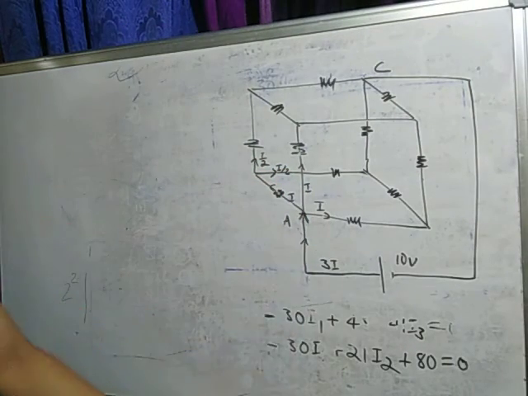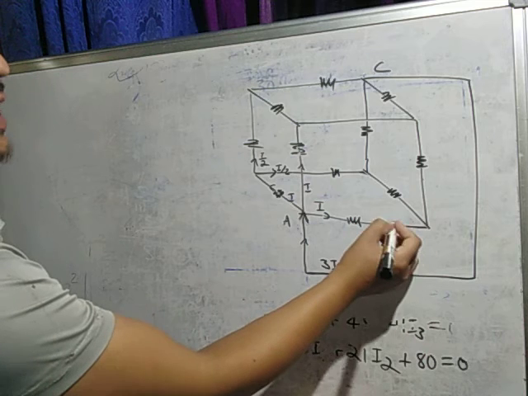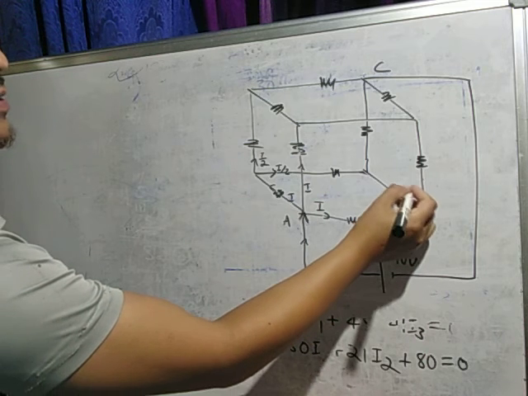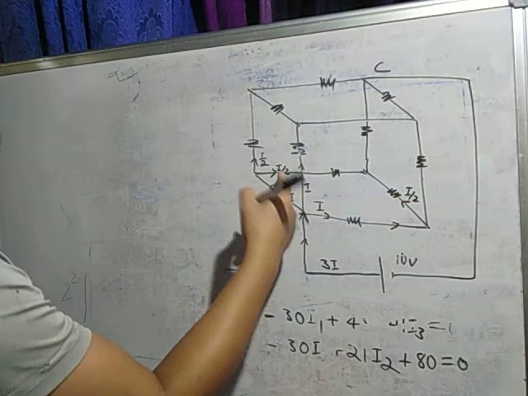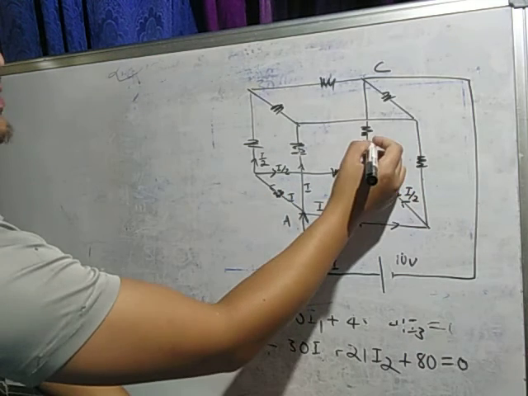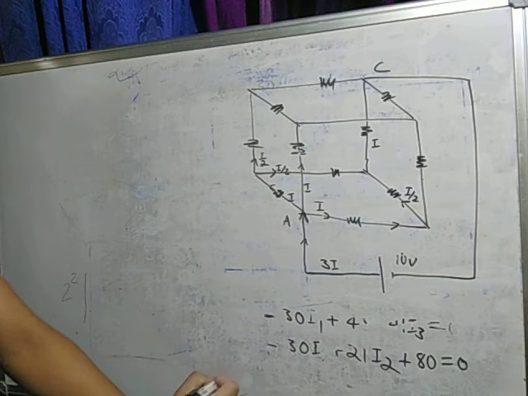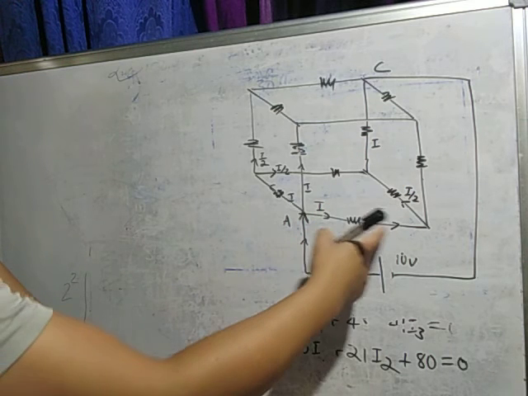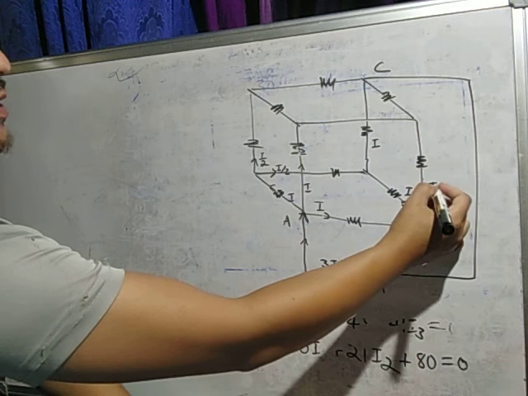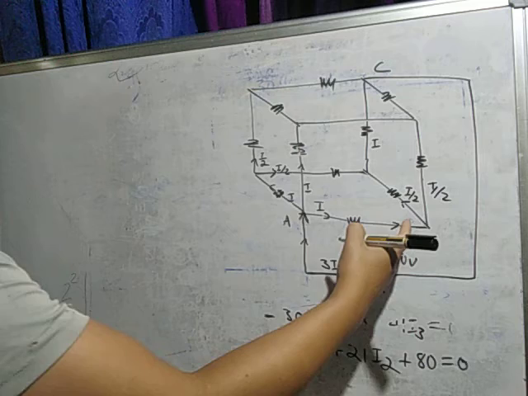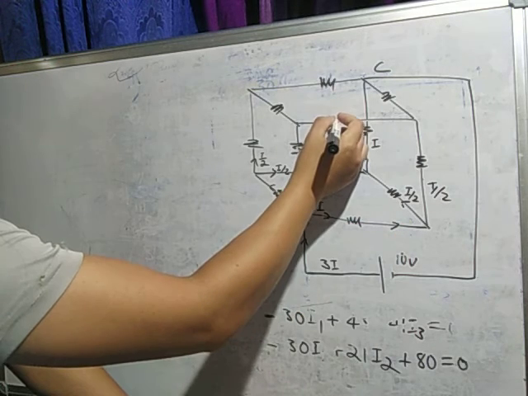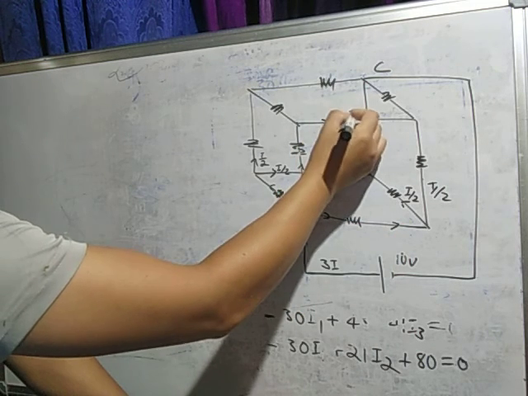Again look here: here there is I, so this is I by 2 plus I by 2, how much? This is I. Likewise this is I, this is also I by 2.